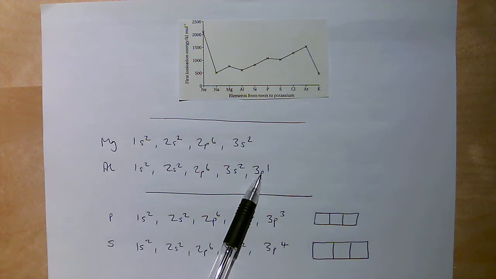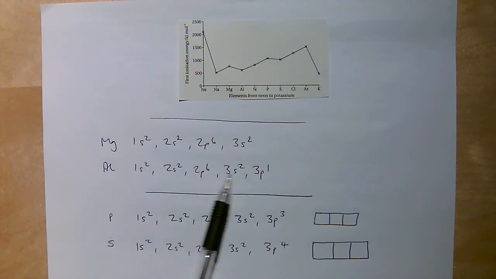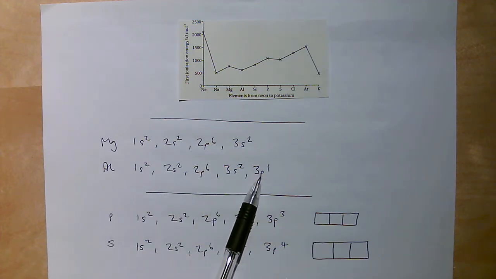So the reason that aluminium has a slightly lower first ionisation energy than magnesium is that its outermost electron is in a 3p1 subshell.